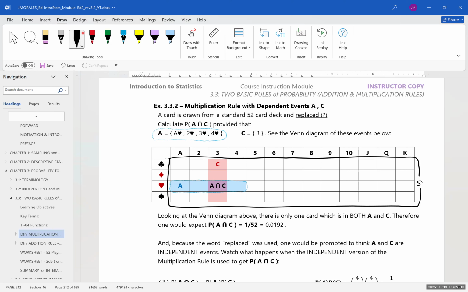And event C is the event where the card is a 3. So you can see event C is colored in here. And we want the probability of the intersection. Now again, looking at this, we should get an answer of 1 out of 52.